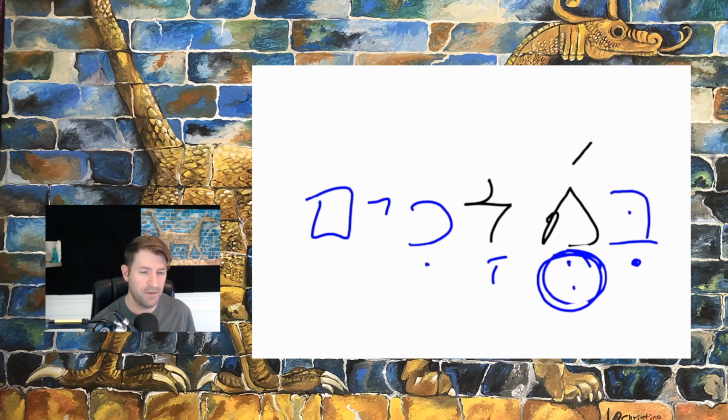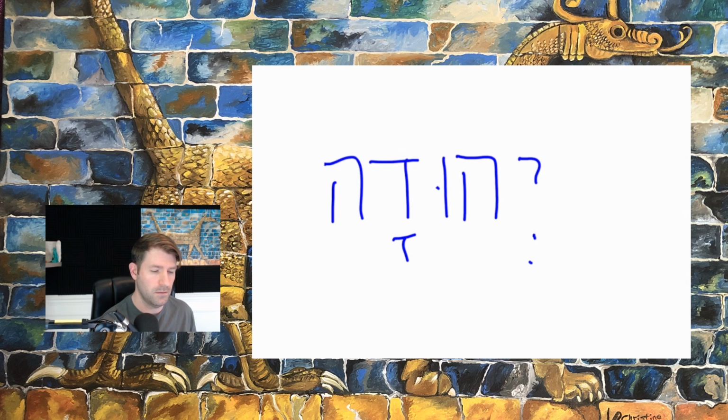If that first letter is a yud, and you have two vocal shvas in a row, according to what we just learned, the first one's going to go to a hirik, the second one's going to go silent.